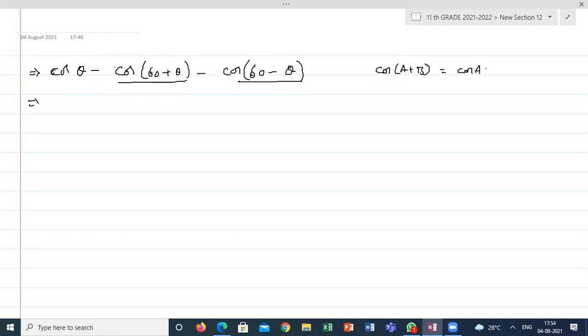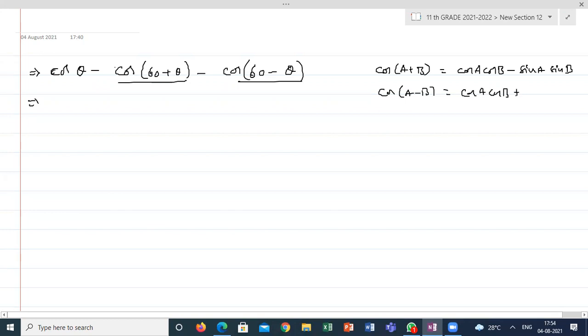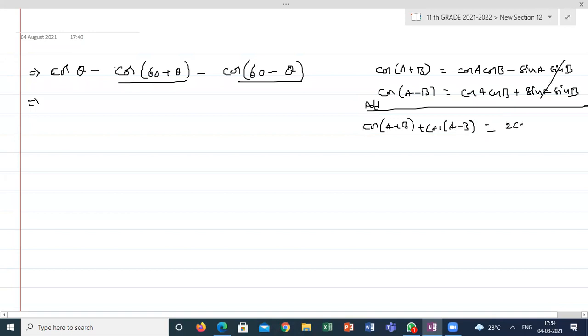Cos of A plus B is cos A cos B minus sin A sin B, and cos of A minus B is cos A cos B plus sin A sin B. If I add both, the sin terms cancel and I get 2 cos A cos B. So cos of A plus B plus cos of A minus B is 2 cos A cos B, whether we expand or remember it.